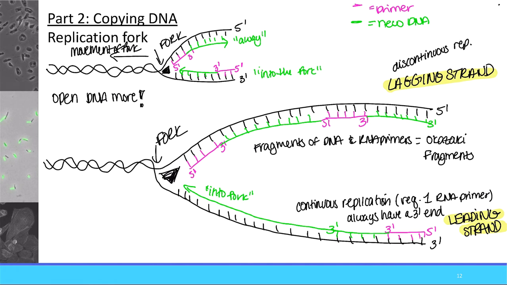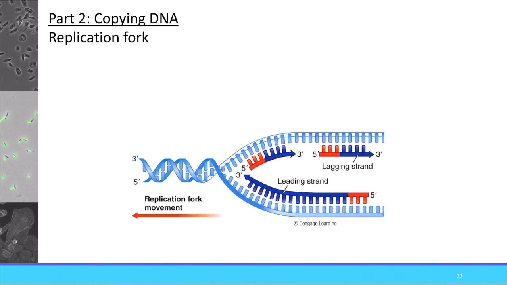So this idea of a replication fork, there's a lot to it. So we're going to do a lot of practice problems. So let's go ahead and take a look at a textbook picture here. And what this does is it again shows us and walks us through the 5' and 3' ends. So let's go ahead and start at the bottom here. So this red is supposed to be our primer.